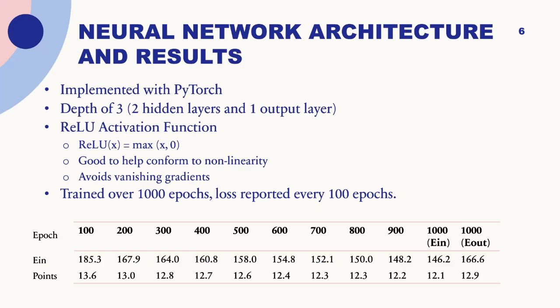The third model that we attempted was a neural network. This model was implemented with PyTorch, again, to get more practice with the machine learning library. It had a depth of 3 layers, 2 hidden layers and 1 output layer, of course. We used the ReLU function as the activation function, and you can see the ReLU function there.